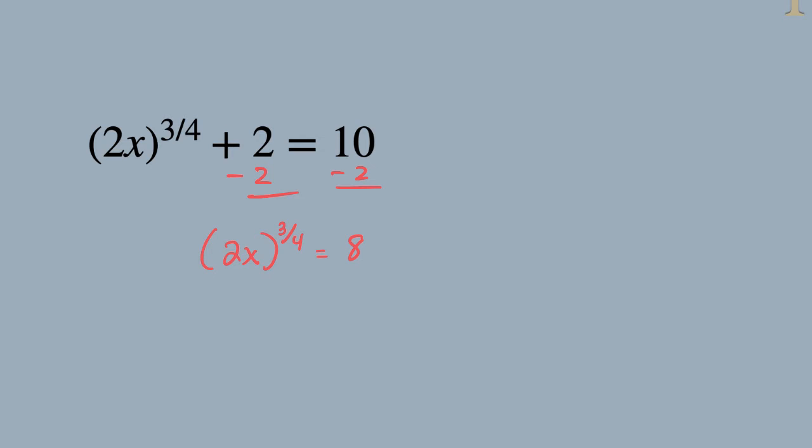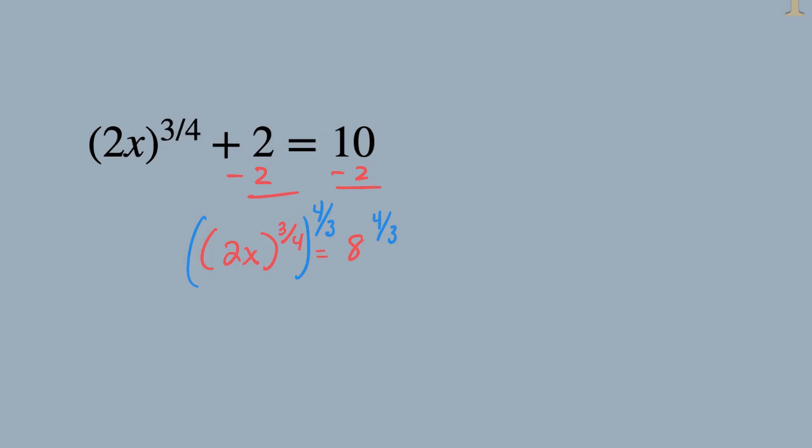Now here comes the trick. Yes, I could raise both sides to the 4th power, and when I raised them both to the 4, you'd multiply here and the 4s would cancel, and you'd still have this 3 here to deal with. But instead of doing that, the trick is to raise it to the reciprocal power, which means since we have 3/4, we are going to raise it to the 4/3 on both sides.